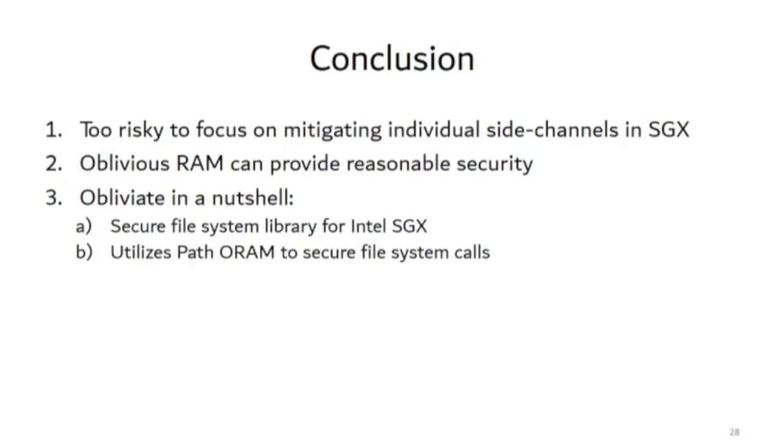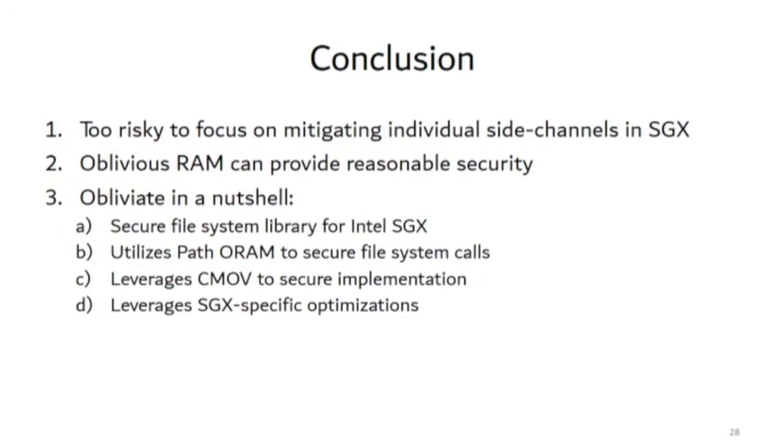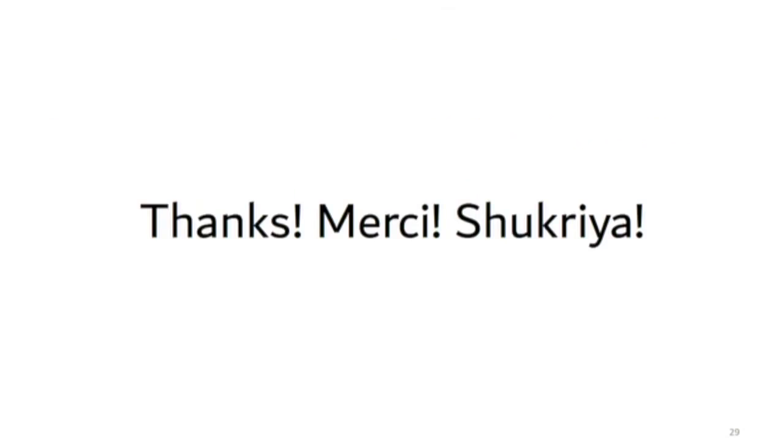We use Path ORAM to ensure that all file-related system calls are handled securely. We leverage cmov to secure the ORAM implementation, and we also talk about SGX-specific optimizations to provide close enough performance to the next best insecure file system, which is the in-memory file system.